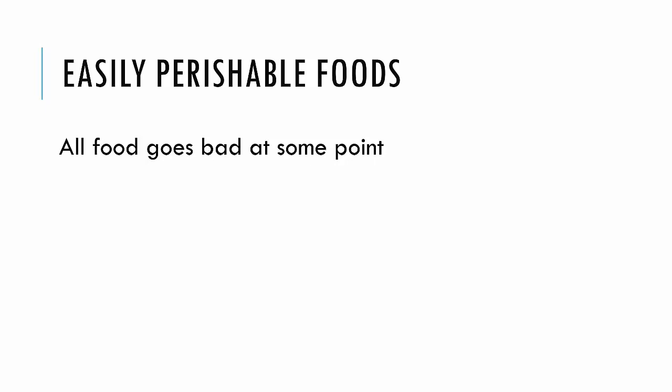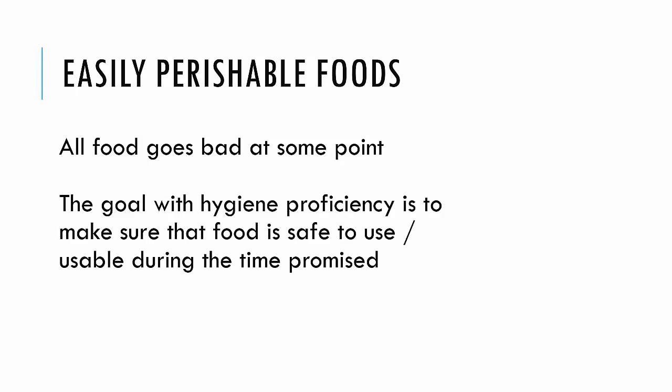The main goal in hygiene proficiency is not to stop that, but make sure that the food is safe the time it's meant to be used, and for example that the customer can rely on the date that's marked on the package when buying food goods in the supermarket.